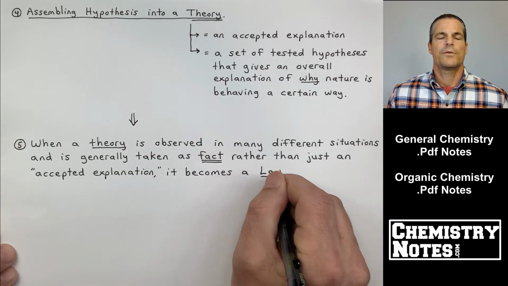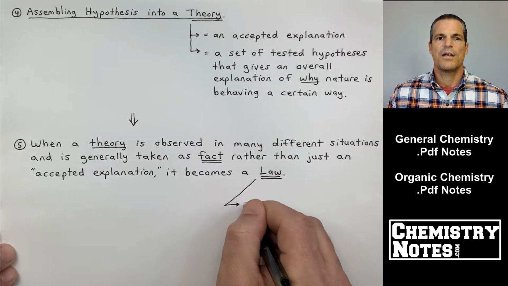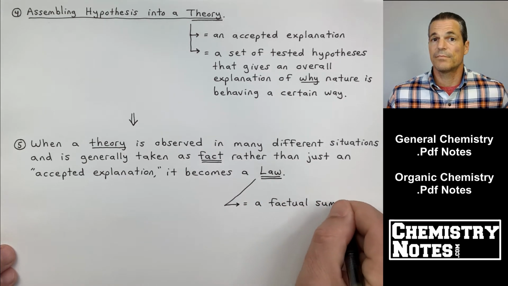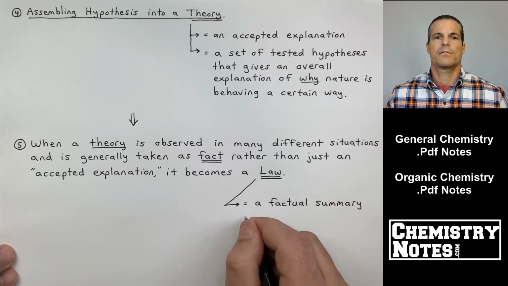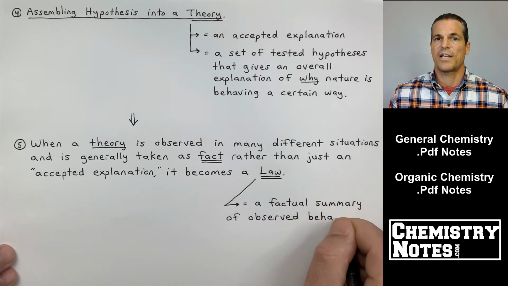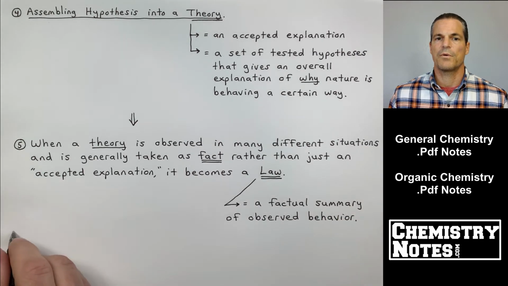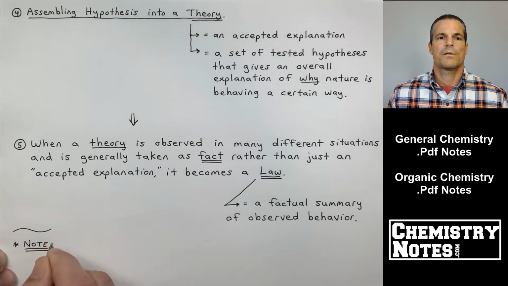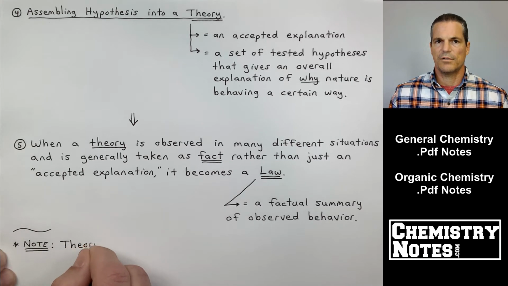Okay? So a theory becomes a law after it's been observed in many different situations and it generally is now taken as fact. Now let me define law for you. Law, in terms of the scientific method, is a factual summary of observed behavior. All right? And I just want to make a little note here.